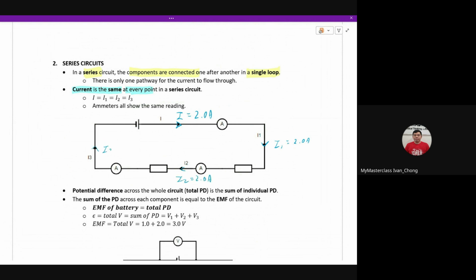Because remember when I was teaching you about current electricity in the first place, I told you that as long as you have a single loop, there is a constant flow of electric charges, or basically your electric current is constant. So as long as it is one single loop, at any point, it will always be the same current. Okay? So all your ammeters here will have the same reading itself.